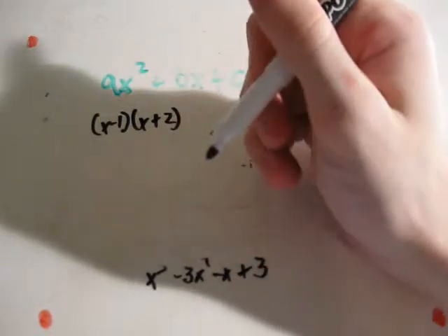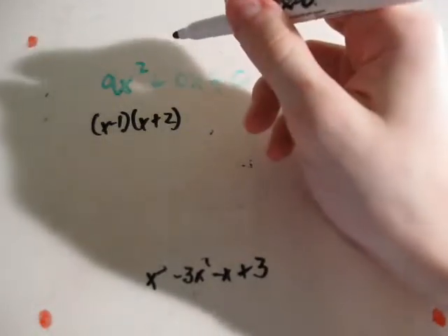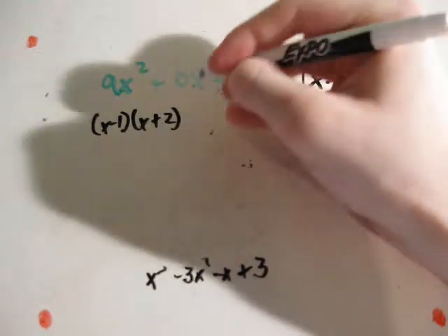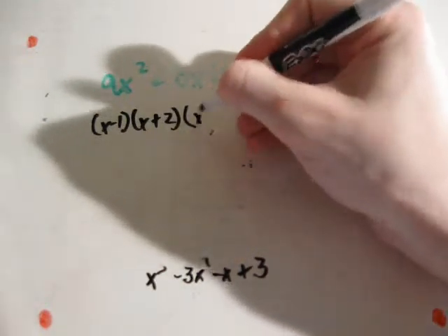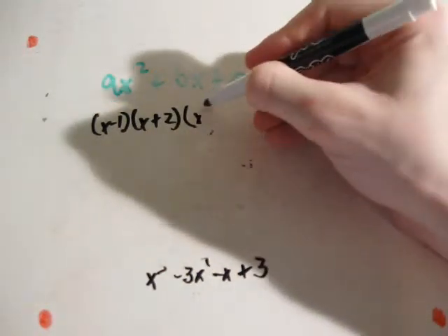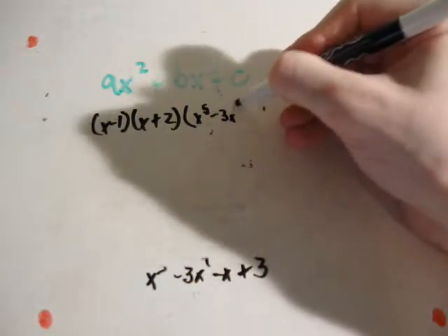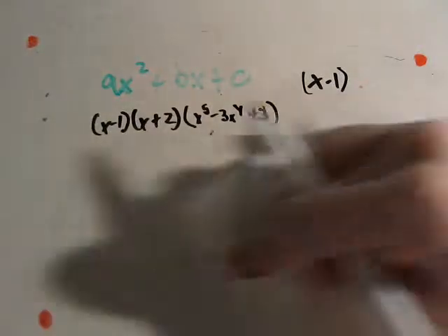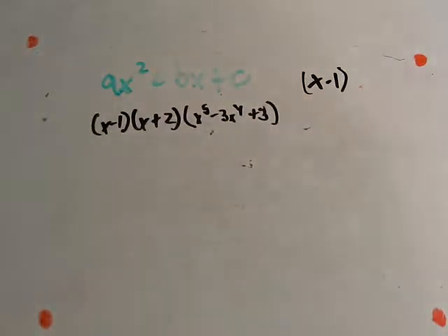It's actually going to be x plus 2, because we're getting the x, not the factor part. And then multiply by x to the 5th minus 3x to the 4th plus 3. And that is how the polynomial is being broken down. You can do this for the whole set if you want.